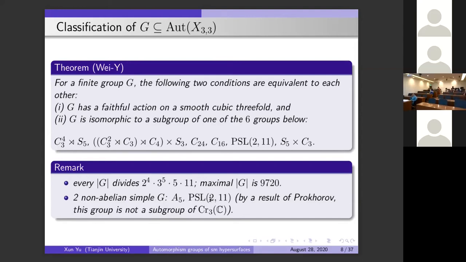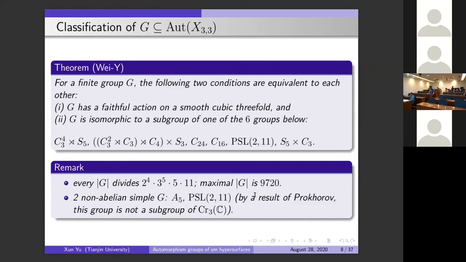Here, F_11 means the finite field with 11 elements. This group PSL_2(11) is quite special, and actually this group cannot be embedded into the Cremona group of rank 3, by a result of Prokhorov.